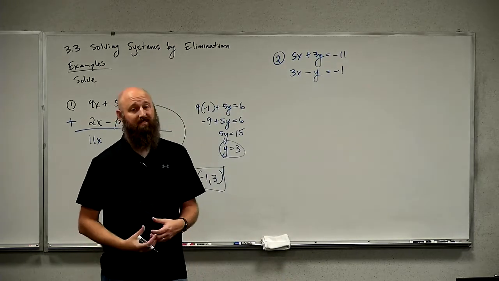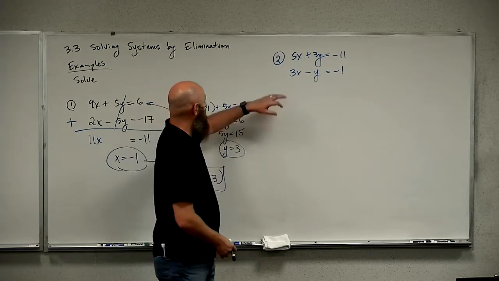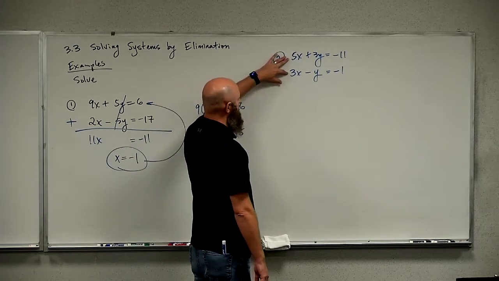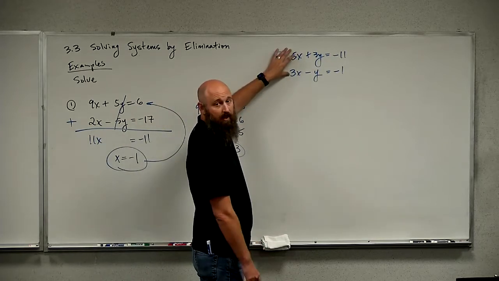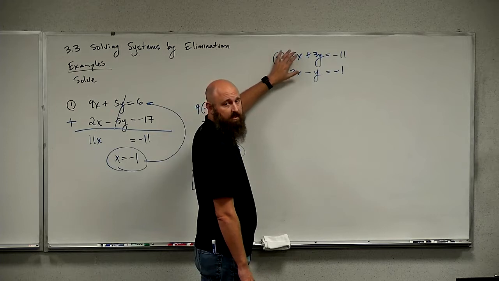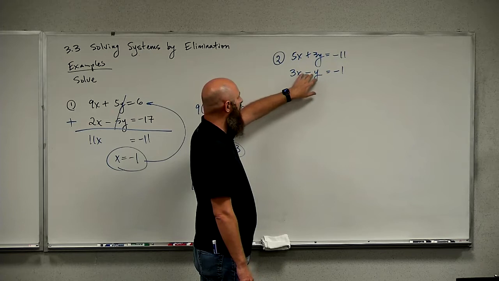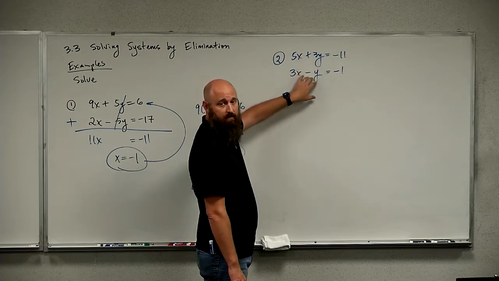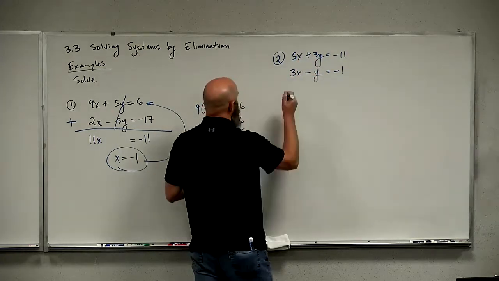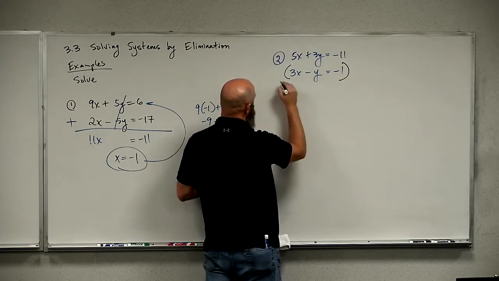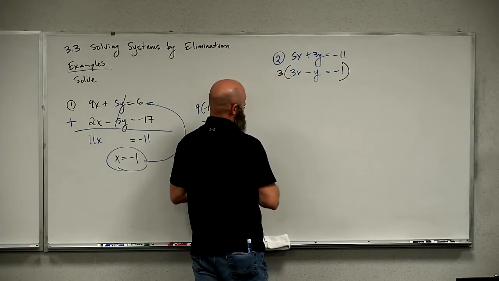Now we try to make our lives easier. If I try to get the x's to be the same, I'm going to have to multiply both equations, because 3 does not go into 5 evenly. But on the y's, 1 does go into 3 evenly. So I'm going to multiply this equation by 3.